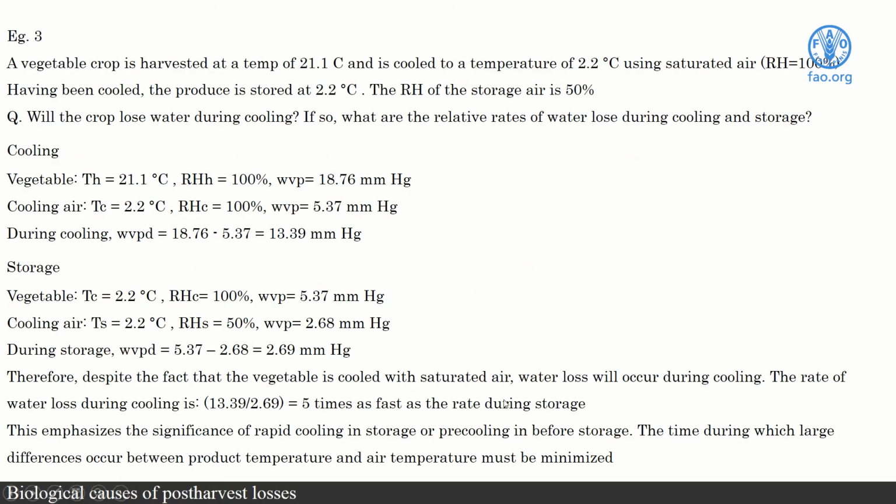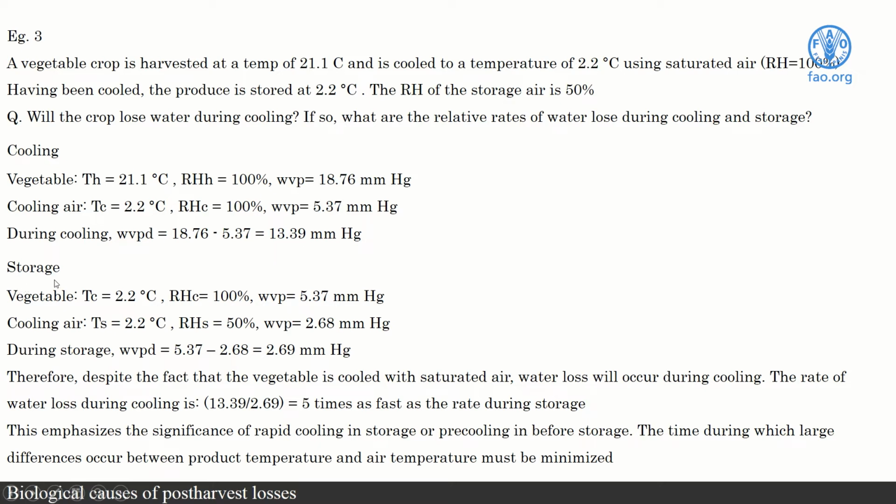After cooling, the temperature was 2.2, relative humidity was 100, and the water vapor pressure was 5.37. During cooling, the water vapor pressure deficit was 18.76 minus 5.37, that is 13.39 millimeter of mercury.